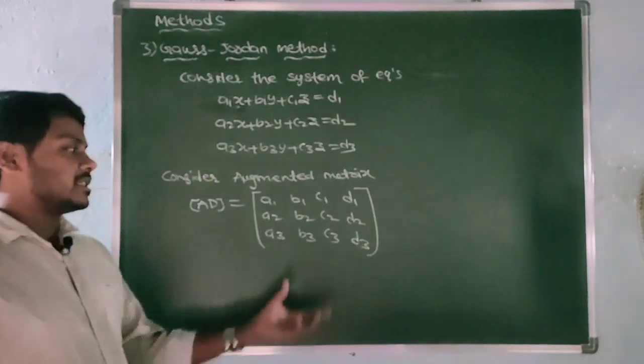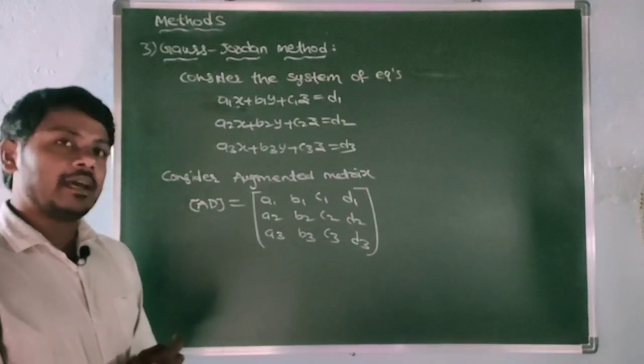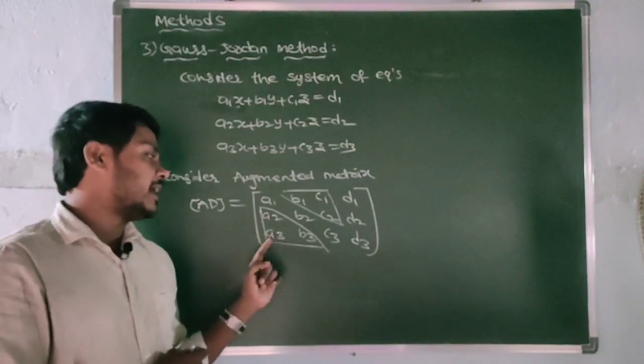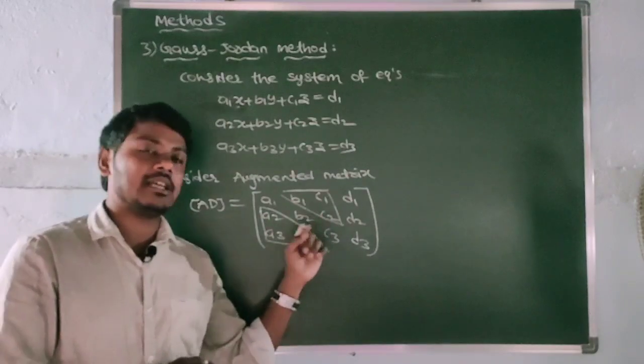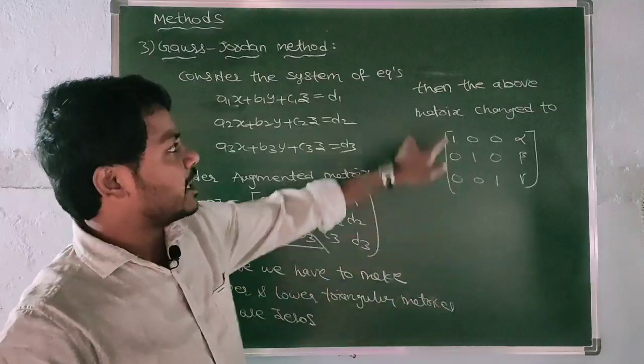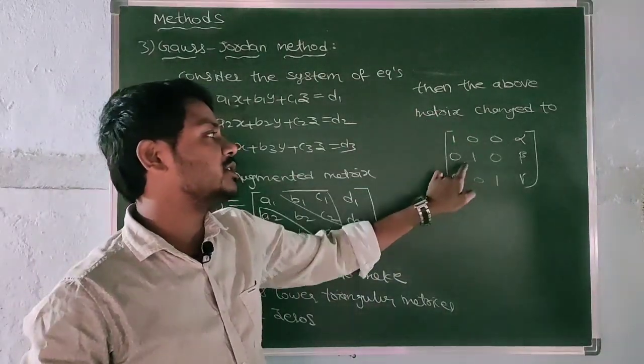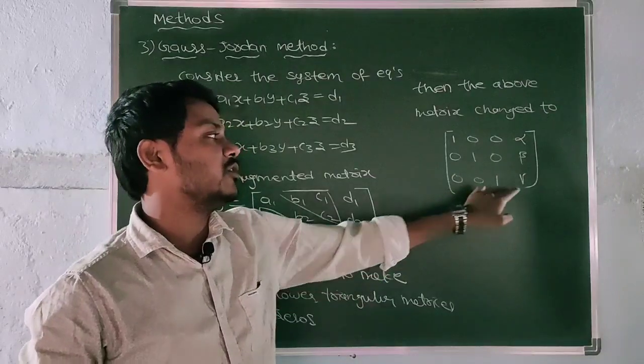So clearly this is the augmented matrix. Now in this method, you have to make the upper triangular and lower triangular entries zeros using row operations. Then the above matrix changes to 1 0 0 alpha, 0 1 0 beta, 0 0 1 gamma.